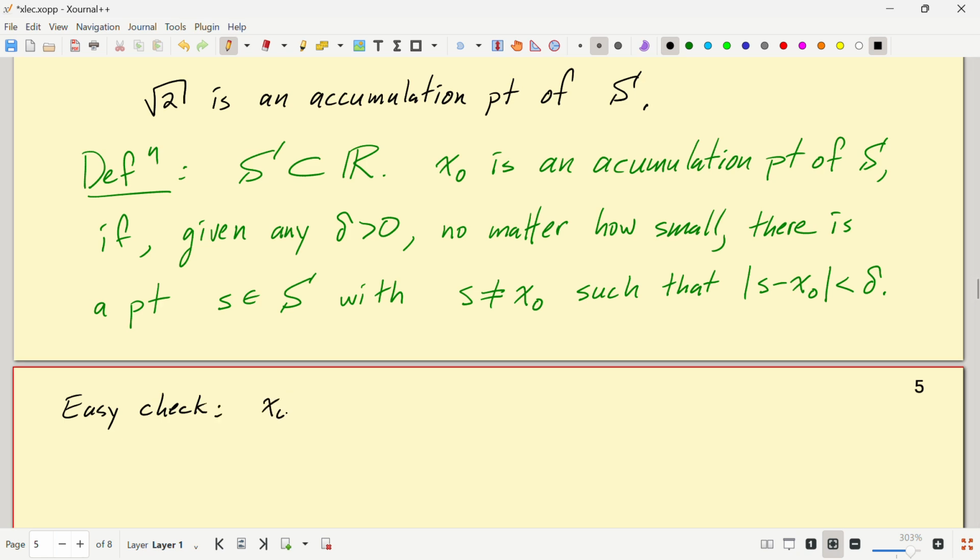If x naught is an accumulation point of S, then if I look at a little, let's see, this is the book's notation, V sub delta of x naught. That's the interval of radius delta about x naught.